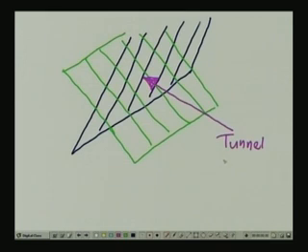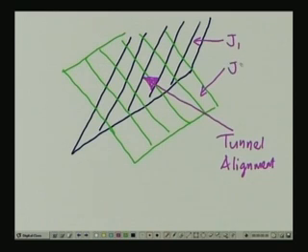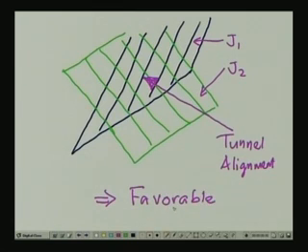So, this one here is the tunnel alignment, and this one is joint 1, and that plane there is joint 2. So, this is going to be called a favorable condition. Okay, so, that illustrates this particular aspect.